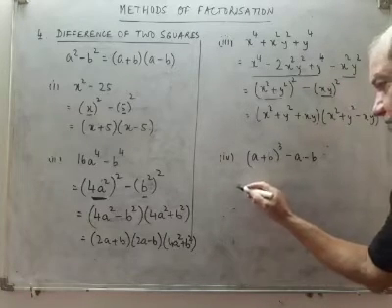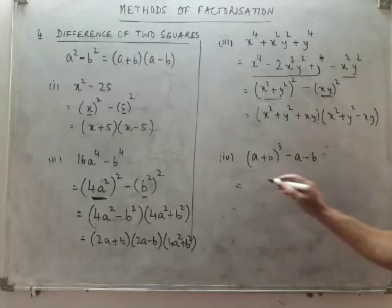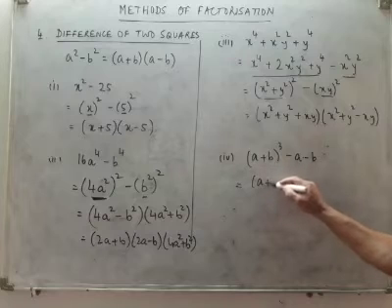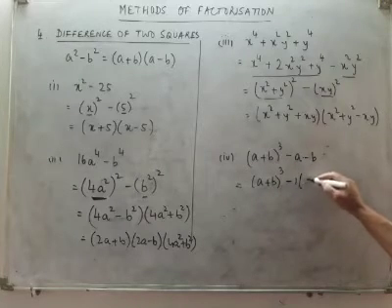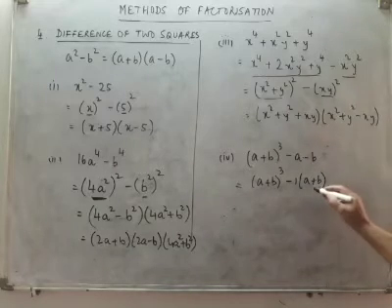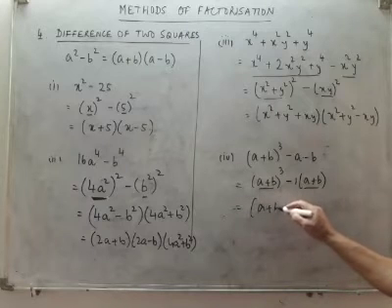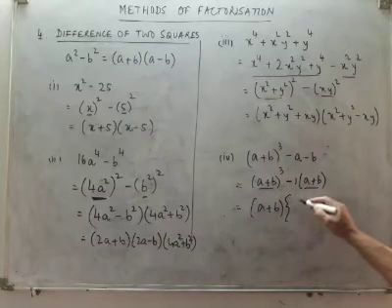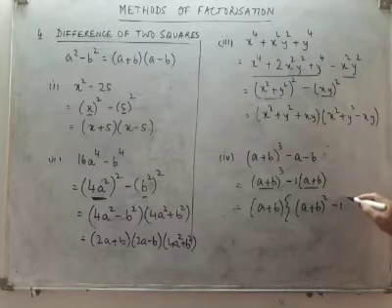The fourth example, a plus b whole cube minus a minus b. Now if you observe here, we've got a minus 1 common here, and here a plus b is common. So we take out a plus b common, and you are left with a plus b whole square minus 1.